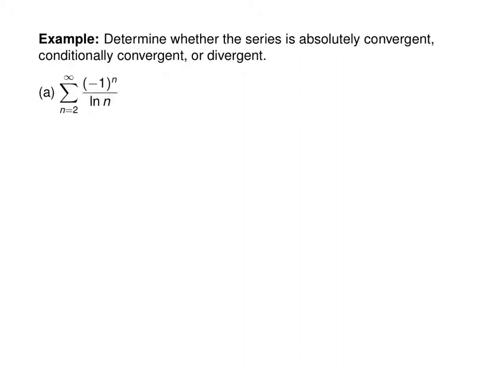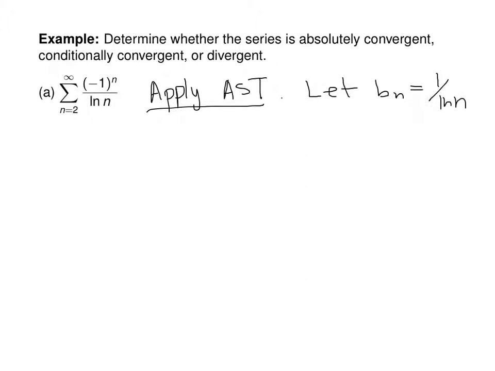With this next example, it appears that the negative 1 to the n makes it easy to apply the alternating series test. So here we're going to apply the AST. Let's let b sub n equal 1 over ln n. We must show that the limit as n goes to infinity of b sub n is 0, so the limit as n goes to infinity of 1 over ln n is indeed 0.